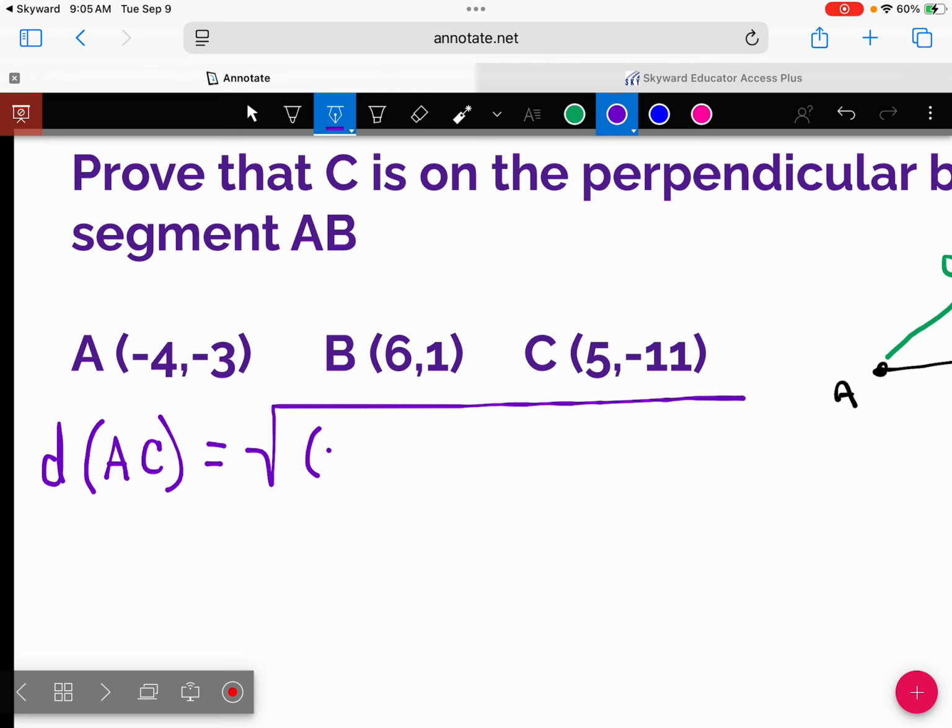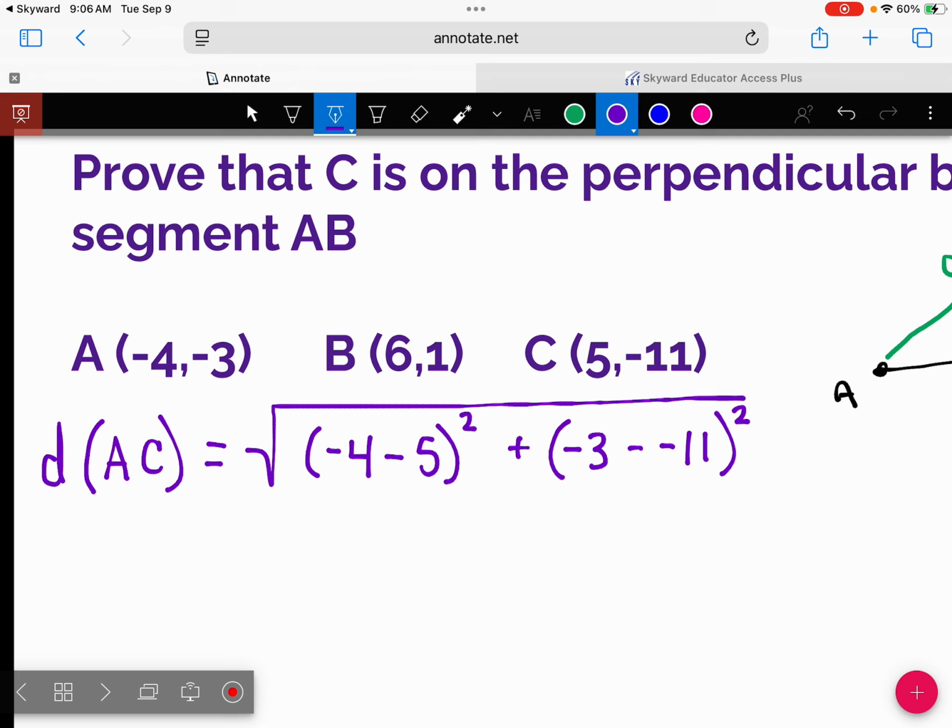So for my A, we have -4, and for C, we have 5, and we square that. Plus the change in my y's. So we're going to have our -3 minus -11, and we need to square that too. So we're just filling in our distance formula.